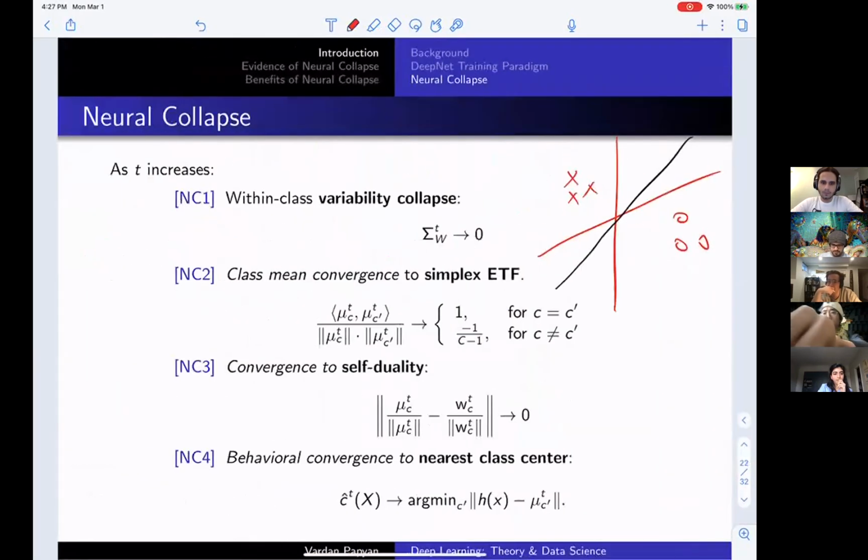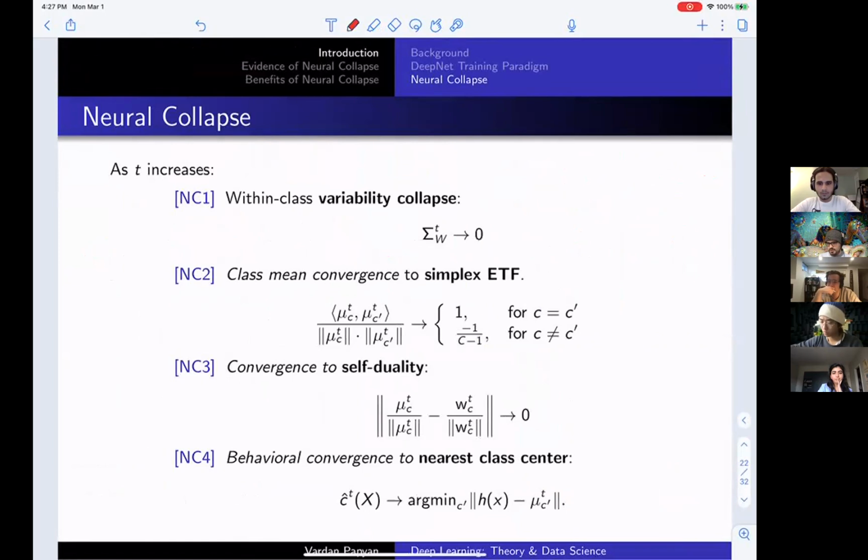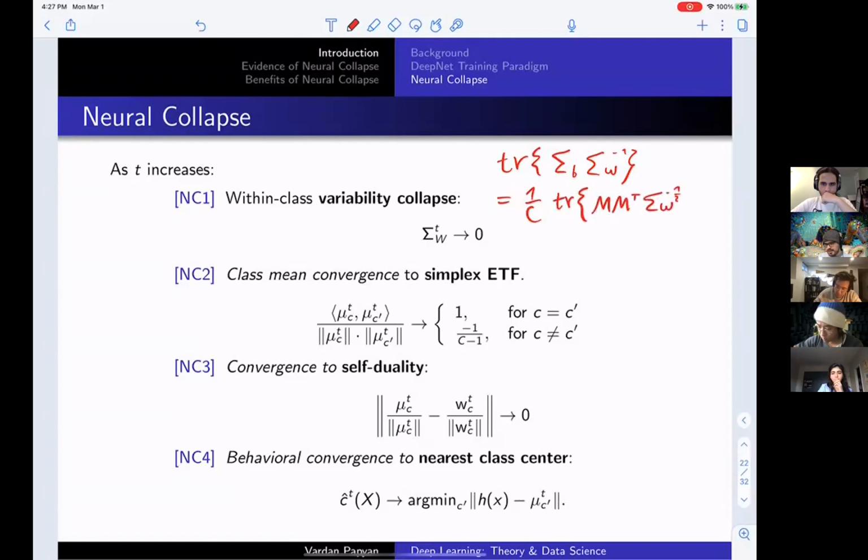How about I just do this more carefully here, just to make sure that everyone understands this, because it is useful. So if you have a trace of sigma b times sigma w, you write it as 1 over c trace of m transpose sigma w minus half sigma w minus half.